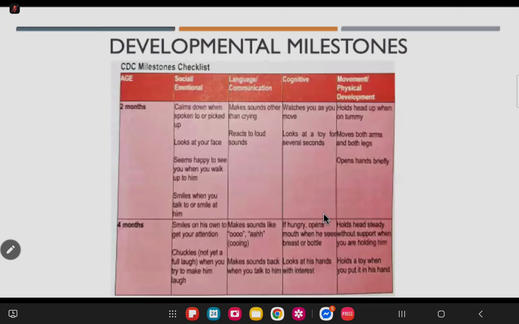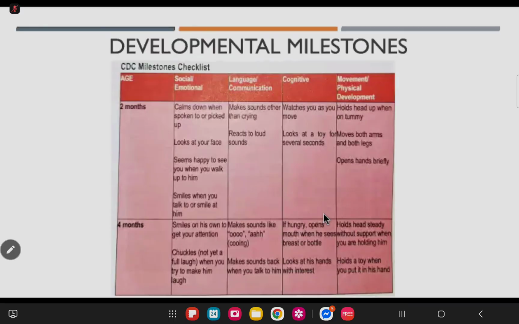Okay, this is from the CDC. This is what the department gave me to use for your lecture. Actually, if you compare this CDC milestone checklist from the one in Nelson's, it's different. But there are only a few differences now.